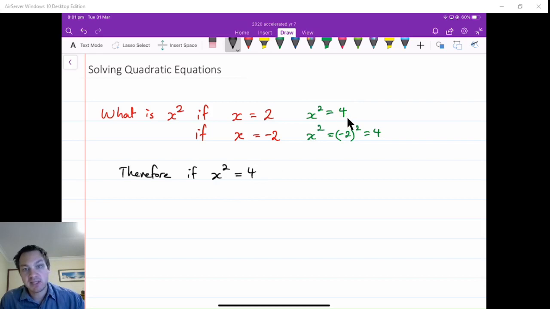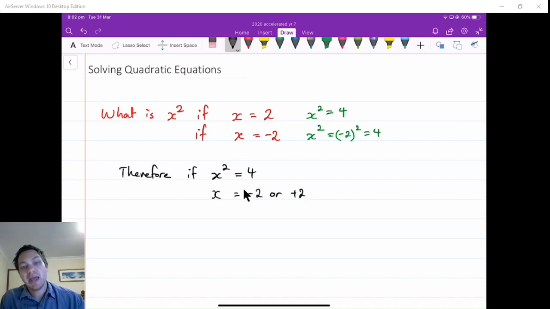I found that x is 2 gave the correct answer, however I also found that -2 is the correct answer. So there are two values for x that make this true: x is equal to -2 or +2.